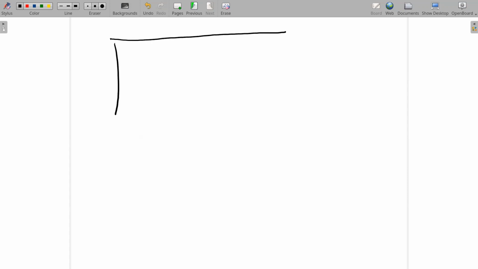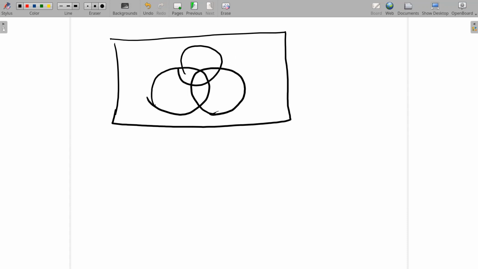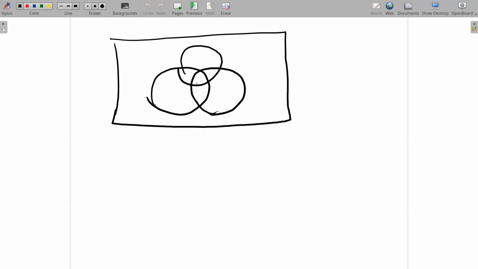Okay, so let's think of this as 1 through N. So we'll draw some sort of Venn diagram. And so on. I'm drawing 3, but just imagine there are many of them, as many as Q, right? So all of these bases will correspond to some indices.